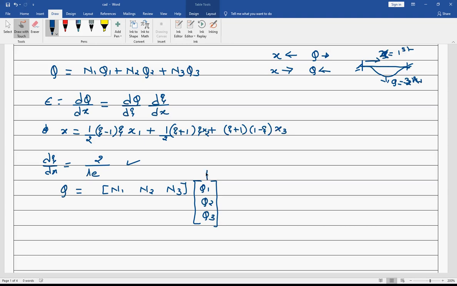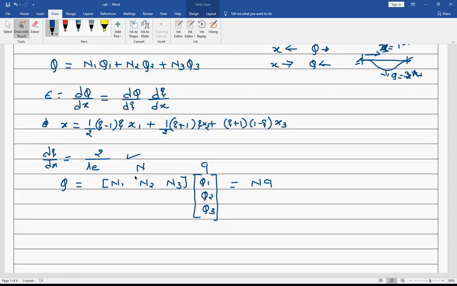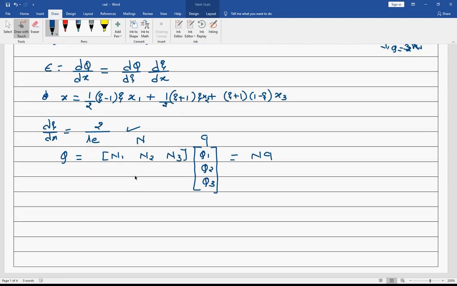This matrix I call small q, and this matrix I call N. So I could write it as N into the q matrix. So d psi by dx is 2 by le. Keep in mind that we have already derived this for first order, so we use it directly in this case.